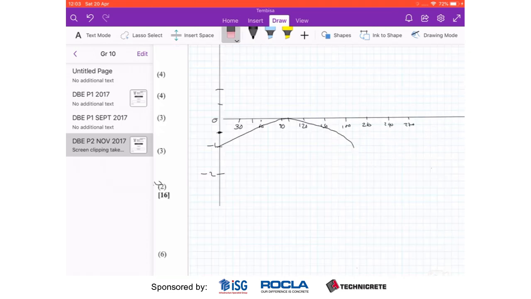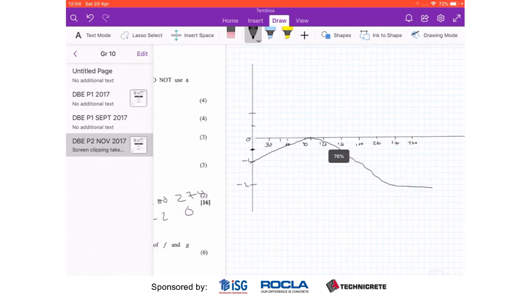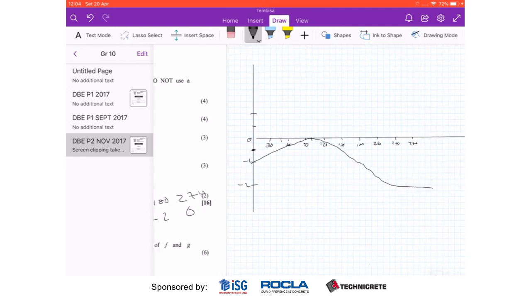It's not as accurate as I'd hoped it would be. Let's try again. 90. 270. Okay, it's the best that I could do with this. Then we're saying G starts at 2, 1. Okay, it's going down to 90, down to negative 2, and up.